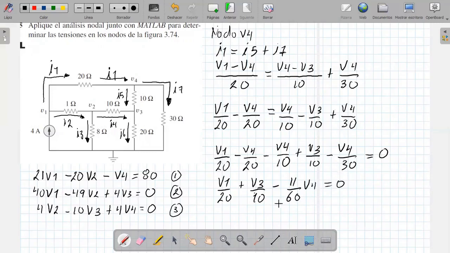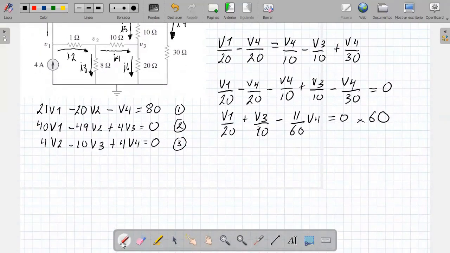Now I'm going to multiply by 60, and the equation is going to be 3 V1 plus 6 V3 minus 11 V4 equals 0.